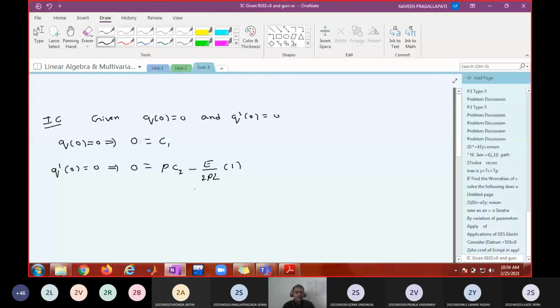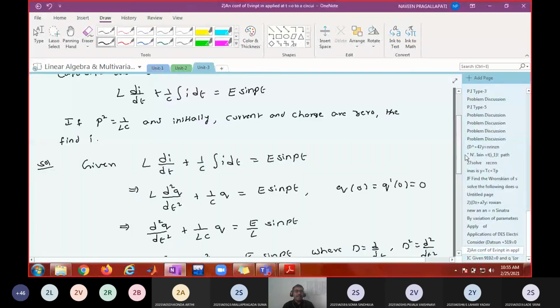So from this, what is C2? C2 is equal to E by 2p square L. But what is p square? 1 by LC. Do you agree? It is given in the problem as p square equal to 1 by LC.